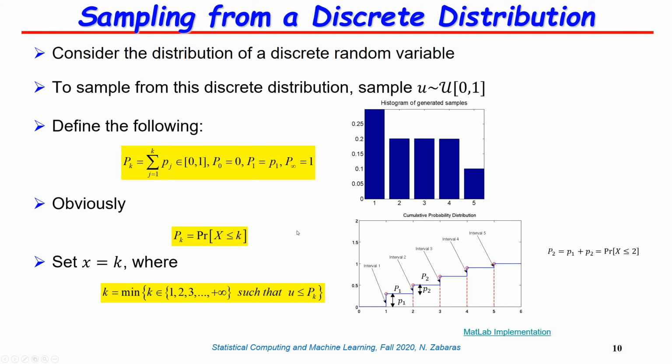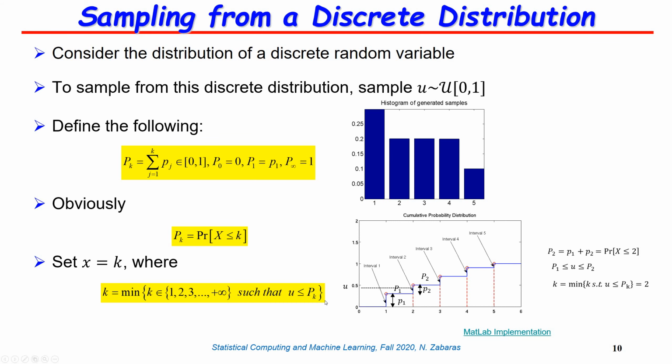So let me try to decompose this to some simple geometric aspects. Let's say that u, your random variable that you select from 0 to 1, is this particular value that brings you to this interval 2 that you see here. Looking at the schematic, you appreciate that this u is greater or equal to capital P1, and it is less or equal to capital P2.